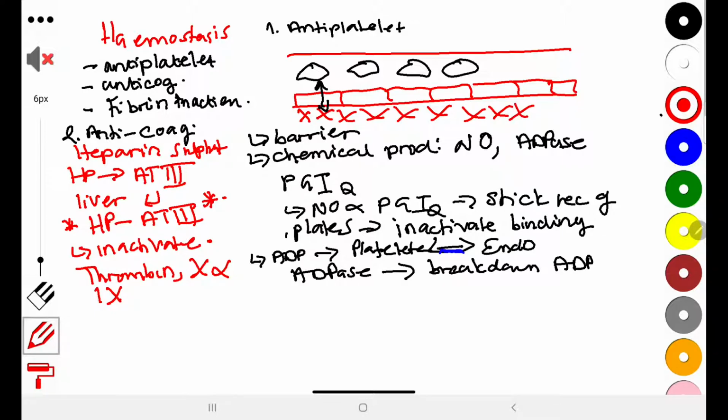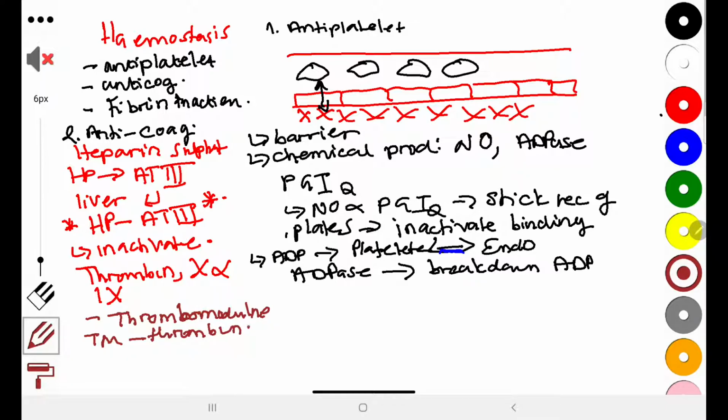The second one that we have is known as Thrombomodulin. Thrombomodulin is also expressed on the endothelium. What does it do? Thrombomodulin binds to circulating thrombin.